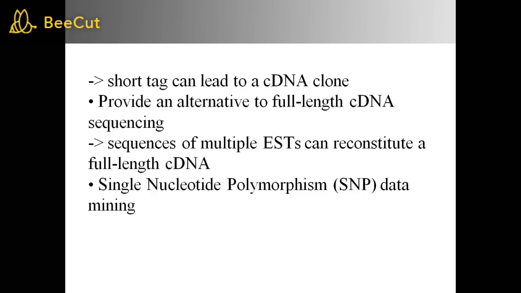Then sequences of multiple expressed sequence tags can reconstitute a full-length cDNA. If we take multiple expressed sequence tags and arrange them, it may be possible to get the full-length cDNA molecule.